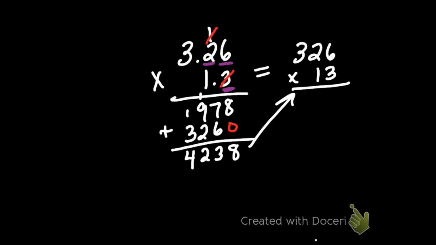That means 3 place values will be behind the decimal point in my product. 1, 2, 3. You can either use this underhanded jump or underline them, but my final answer is 4 and 238 thousandths. Not to be confused with 4,238. It's a big difference in our amounts, so be careful on that.